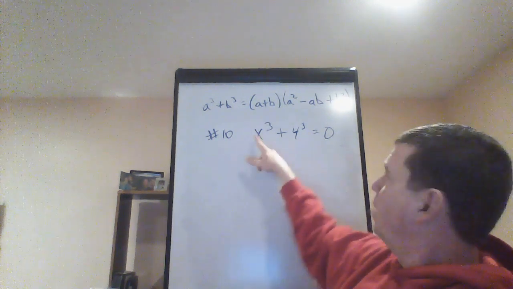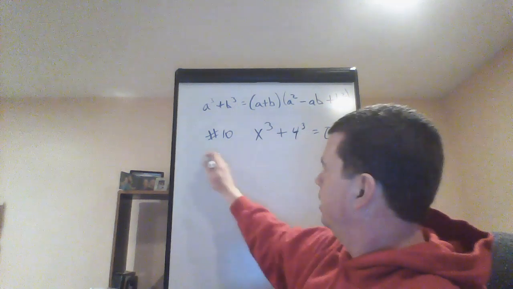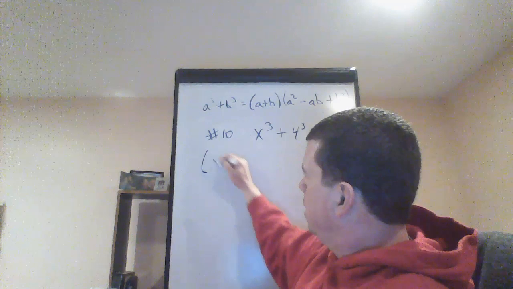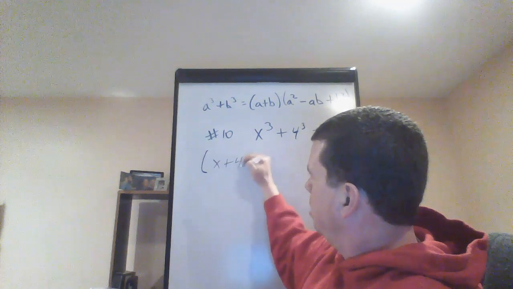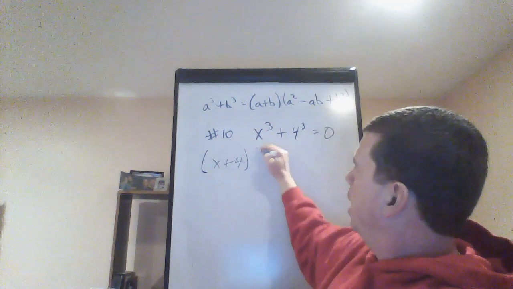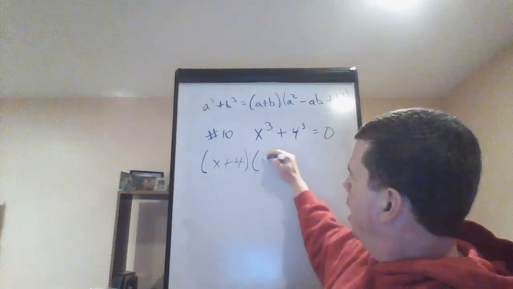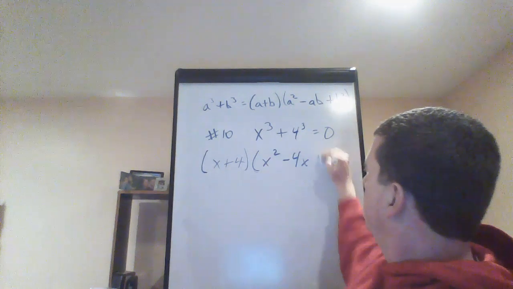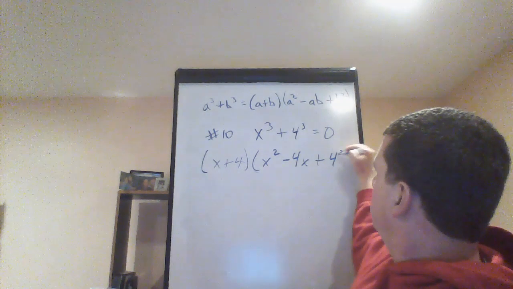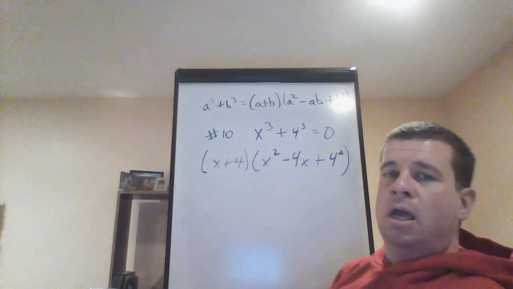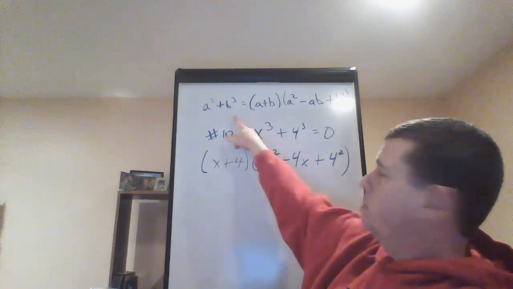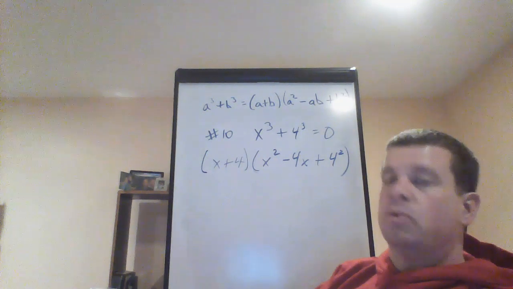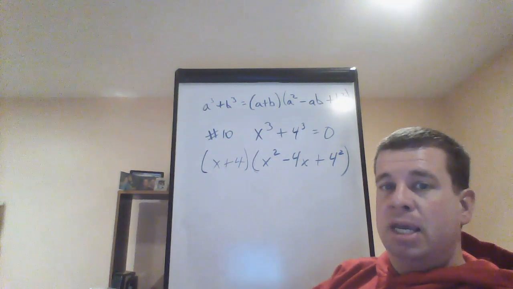So I can factor it as a plus b, or in our case, x plus 4 times the quantity x squared minus 4x plus 4 squared. All I did was take our general form for a sum of two cubes and replace a with x and b with 4.